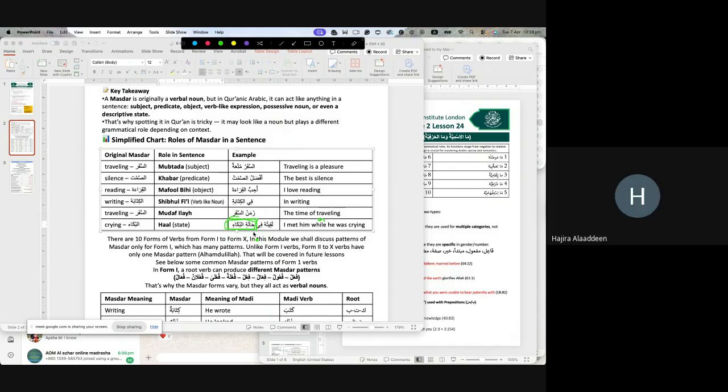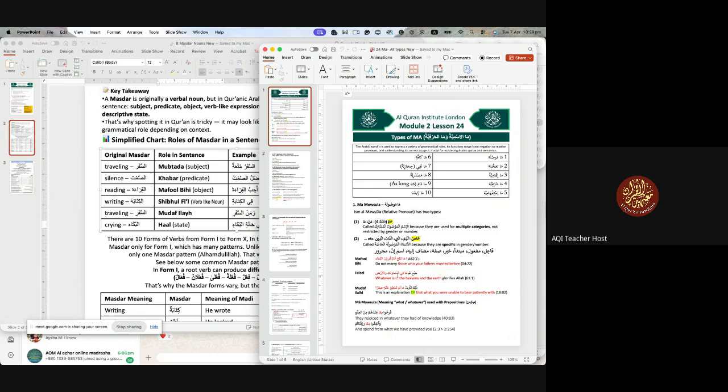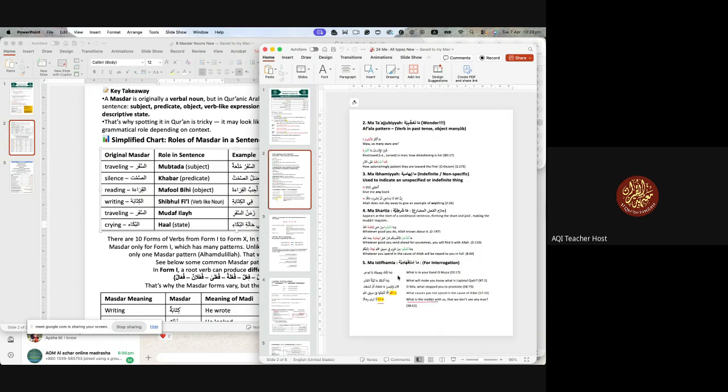So I was thinking it's mudaf ilayhi mainly. Mudaf ilayhi is more appropriate here. But it's not a big thing, okay? Okay, Ustad. Jazakallah khair. Yeah, it's not a big thing, but can you see the meaning has dictated what it is? Clear? Okay, yes. Mashallah, good. Jazakallah khair. Right. So, Ustaz Shami, are you there?